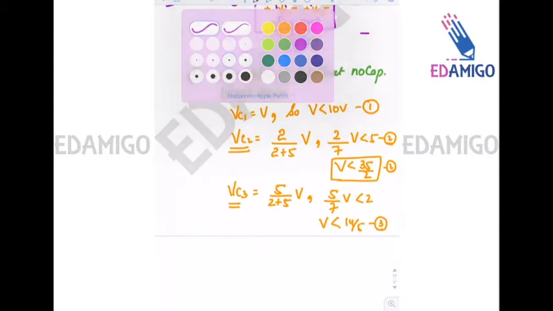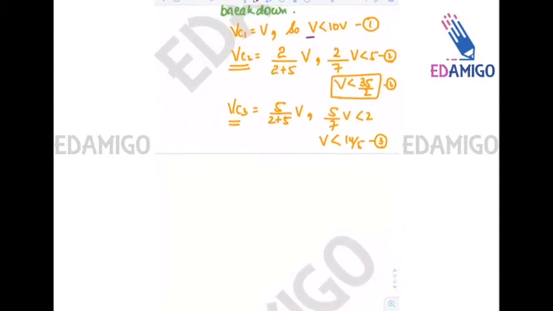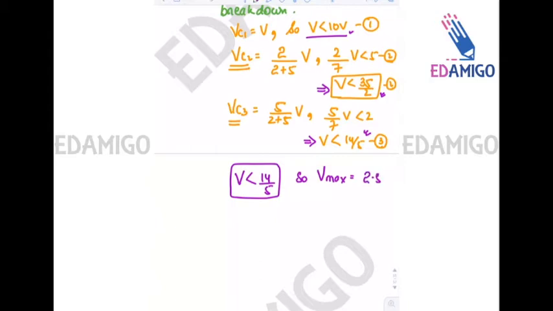From the three conditions, V should be less than 14 by 5 because this is the minimum value. This is 10, this comes out to be 17.5, and this comes out to be 2.8. So V max is equal to 2.8 volts, so that these capacitances do not break down.